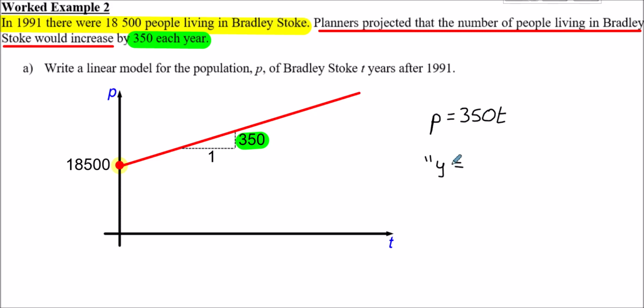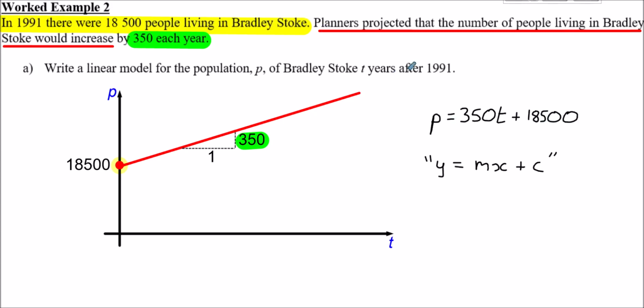I'm just sort of showing you how it links. So that's our y, if you like. 350 is our m. X is now t, then plus c, where c is the y-axis intercept. Here it's a p-axis, and it intercepts at 18,500. So there we have it. That's all we need to do.